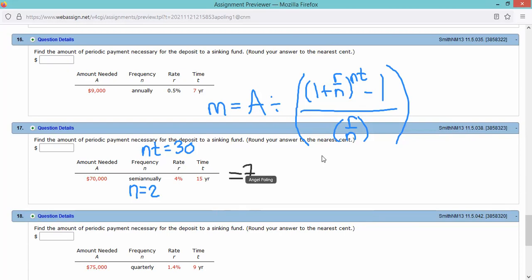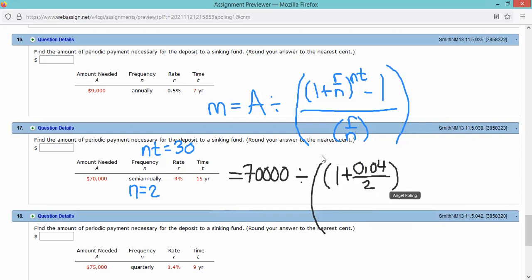Okay, 70,000 divided by 1 plus 0.04 divided by 2 raised to the power of 30, take away 1, and our denominator is 0.04 divided by 2.